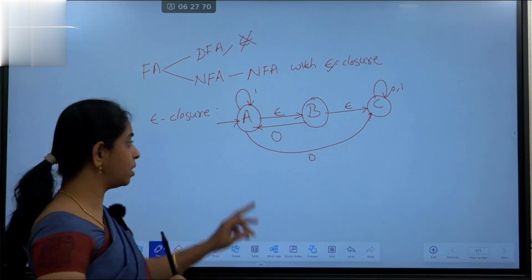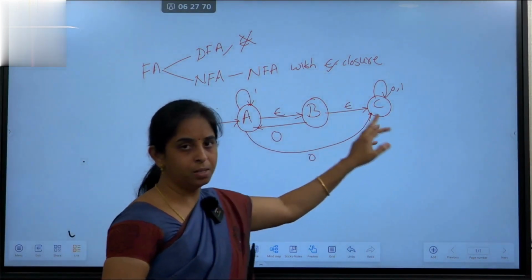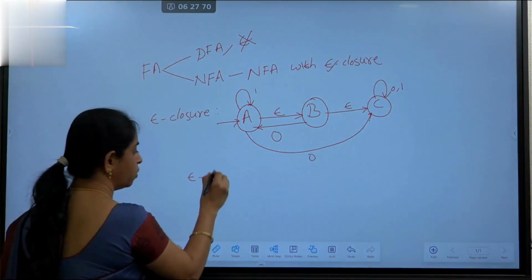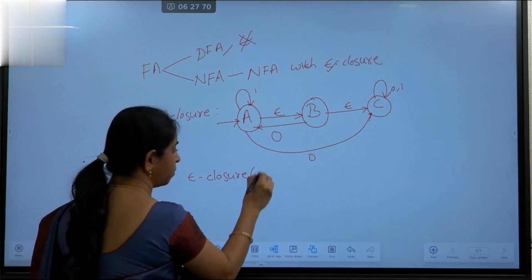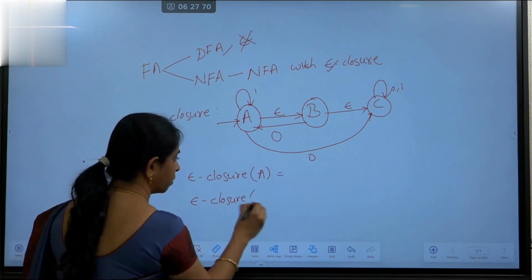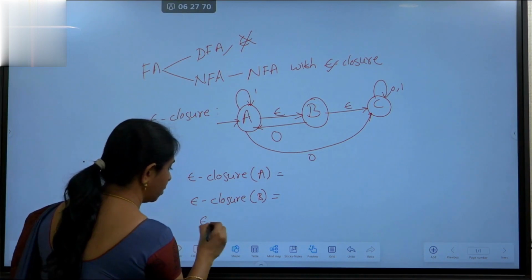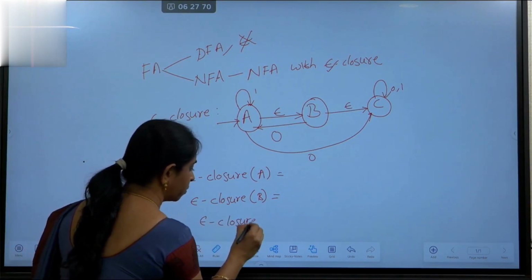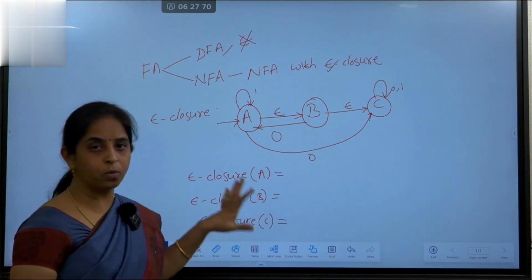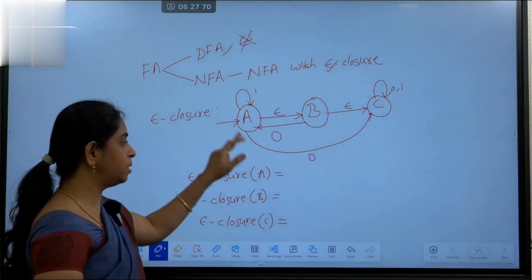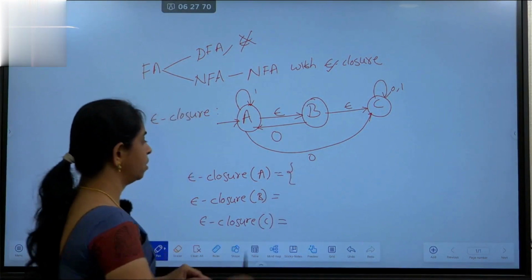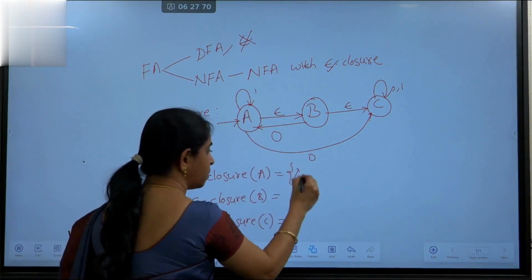Here the states given in the NFA are capital A, B, C. So first we will go with the epsilon closure of A, epsilon closure of B, and epsilon closure of C. First remember that whenever we are finding the epsilon closure, the same state itself is part of the resultant. That means the epsilon closure of A includes A itself.